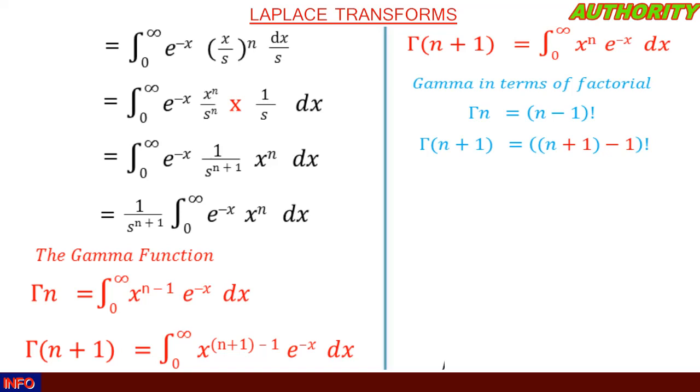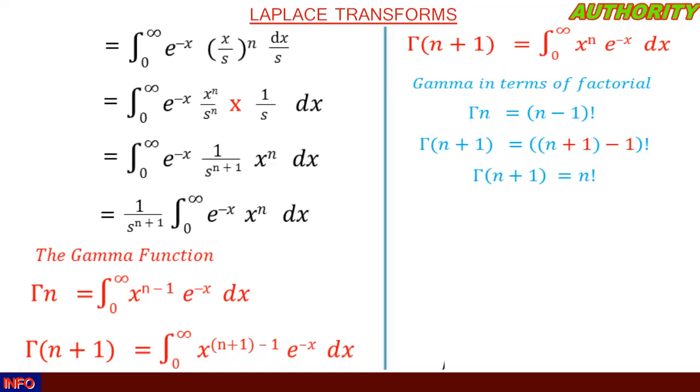We're going to see n plus 1 minus 1. So 1 minus 1 is going to give you 0, so we only have n remaining. So here we see that the gamma of n plus 1 in terms of factorial is n factorial.